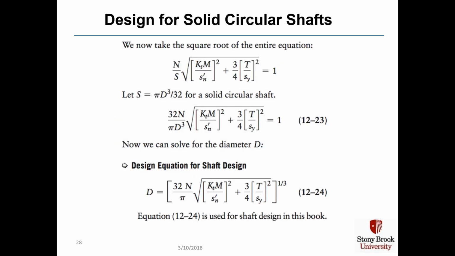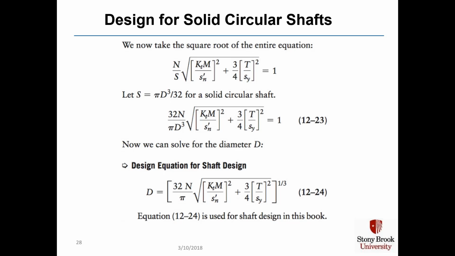If we let the section modulus equal pi d cubed over 32 for a solid circular shaft, we can take S out of the equation and get 12-23, which shows a solution for d cubed. Then you do a little algebra and move terms around, and you get equation 12-24, which is a solution for the diameter of a shaft with reversed bending and a constant torque.